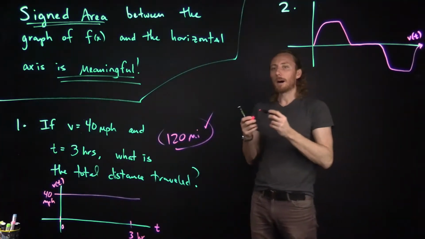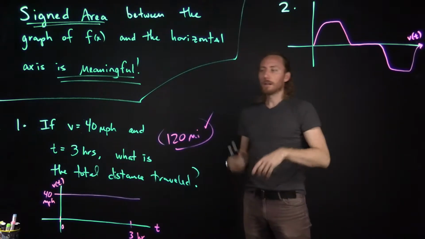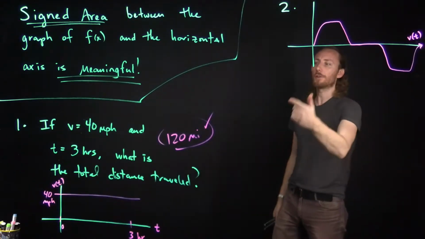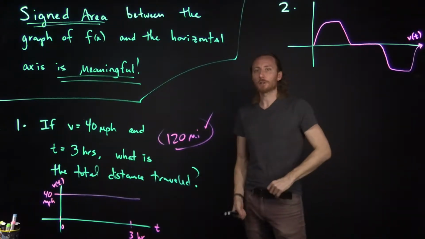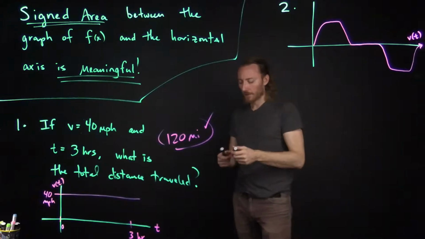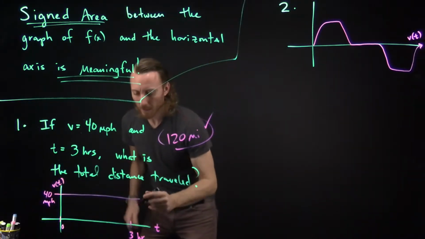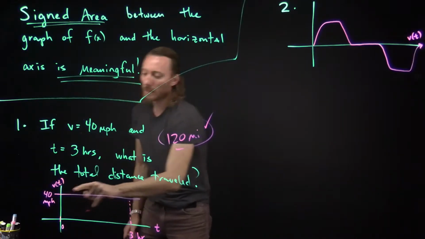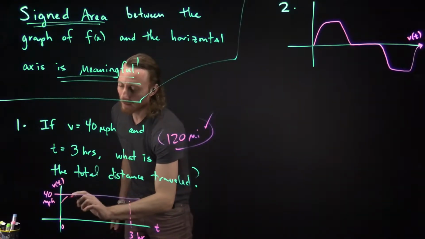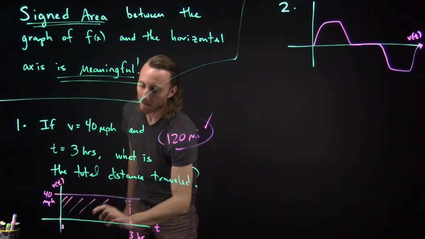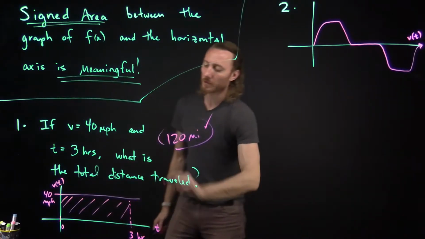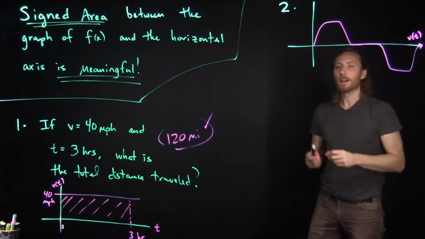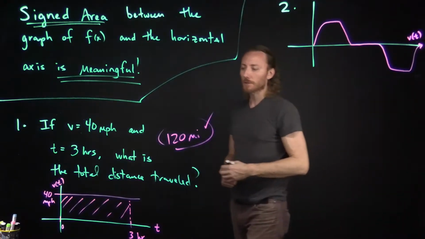So now, what I'd like you to do is think, how could this 120 miles of distance traveled ultimately relate to this picture? If you think about it, we see this rectangle here that is the signed area between this function's graph and the horizontal axis, and the height of that rectangle is 40 miles per hour.